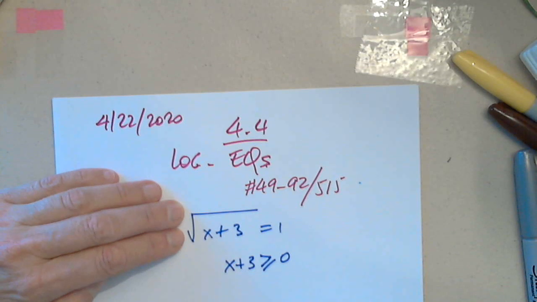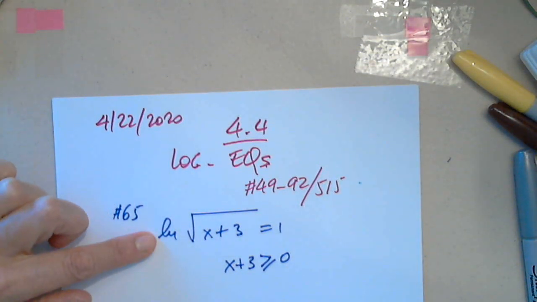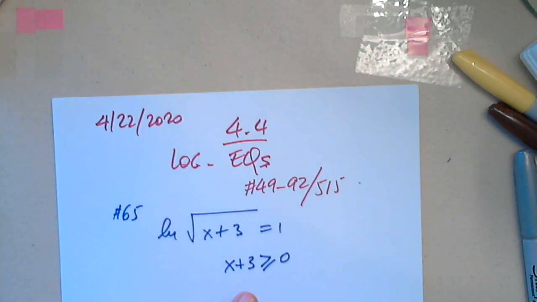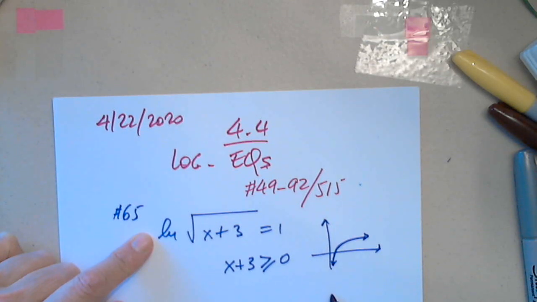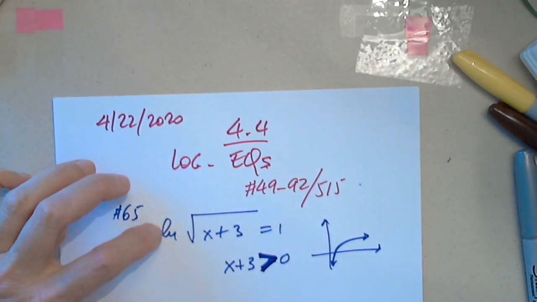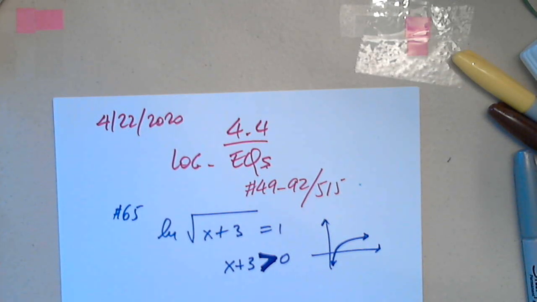Yes. But now I have this in front. This changes this slightly. Remember, the graph of natural log is this, which means there is a vertical asymptote at 0. I cannot have equal to 0. So this is now correct, only because of the natural log in front.